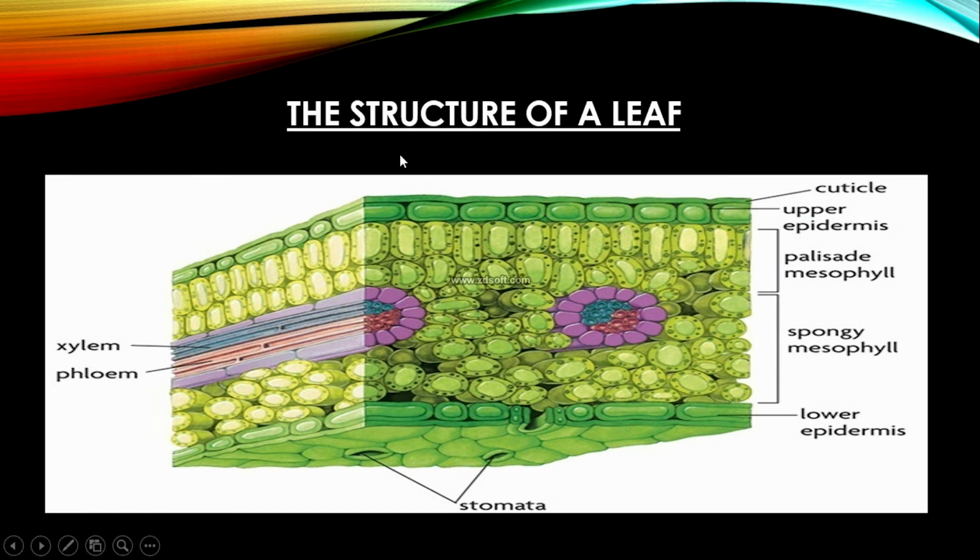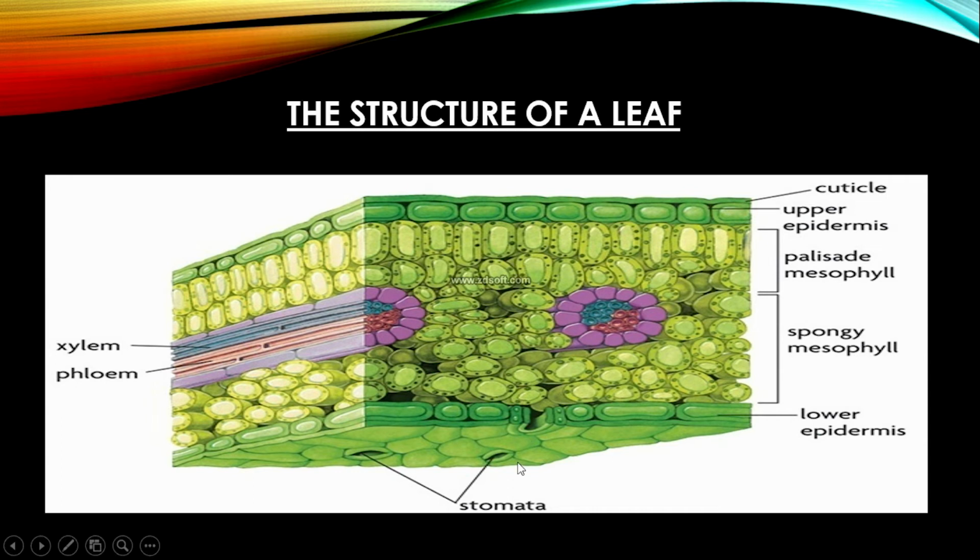Then after it we have the upper epidermis, and the upper epidermis is transparent to allow light from the sun to pass through into the palisade mesophyll. Because the palisade mesophyll is where most photosynthesis actually takes place.